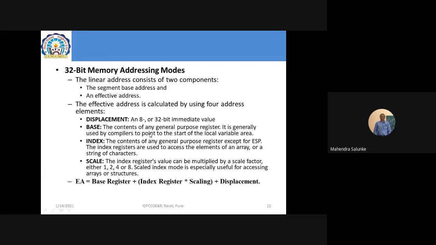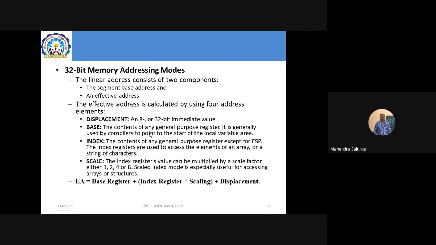But in the remaining 9 cases, the external memory is accessed. So that's why we call it 32-bit memory addressing. The remaining 9 types of addressing are categorized under the 32-bit memory addressing mode.